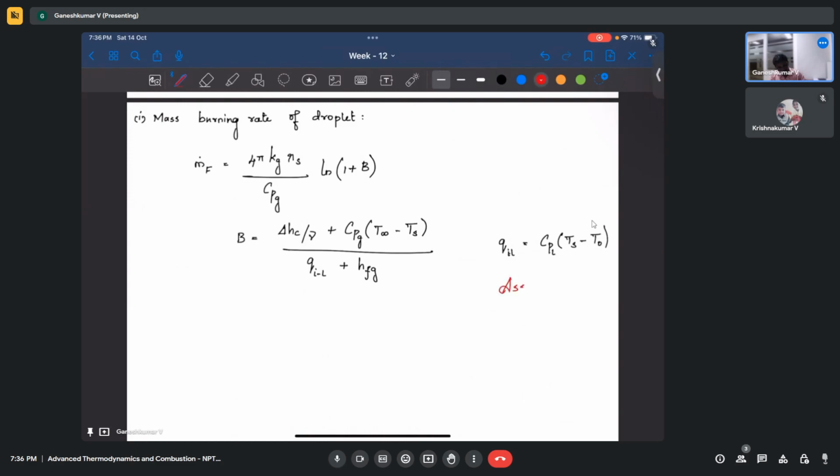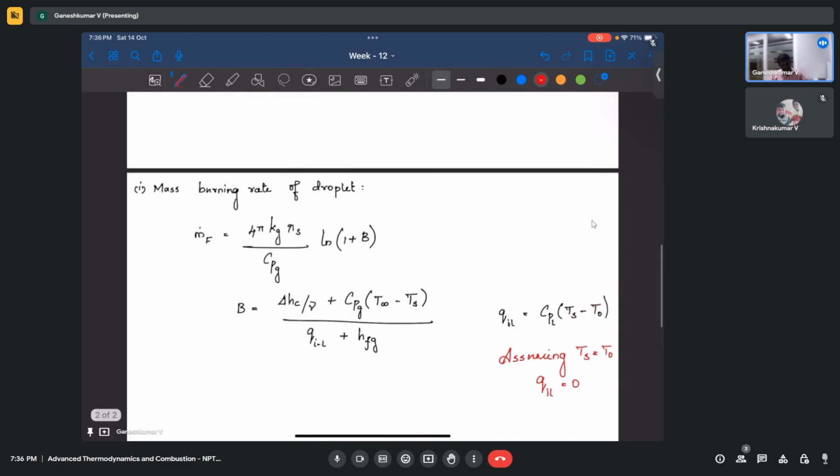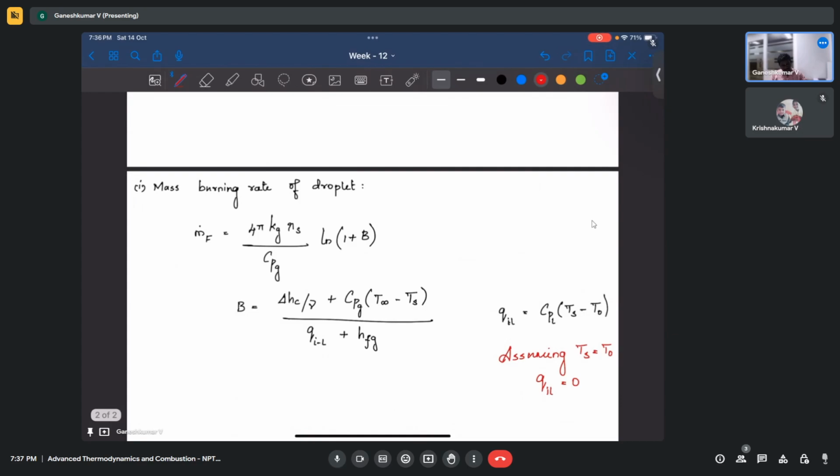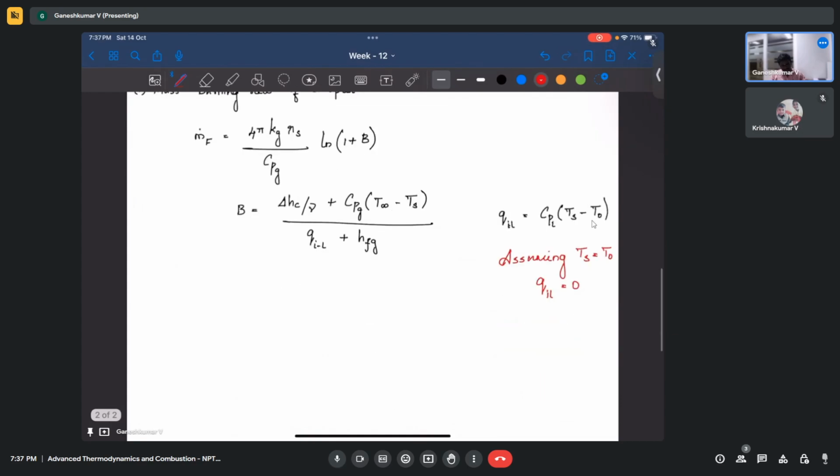Assuming Ts equal to T naught, then this QIL is equal to 0. So whatever heat comes to the fuel surface is used only for evaporation. It is not heating or cooling the droplet, because the droplet is already in a saturated state. So we have QIL is 0.